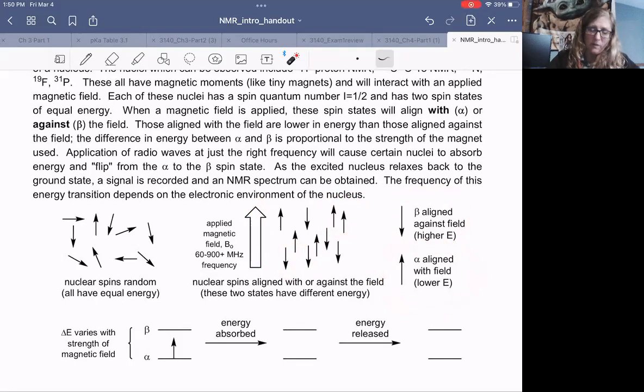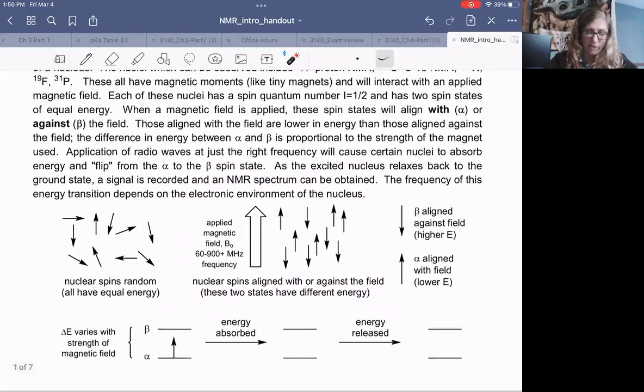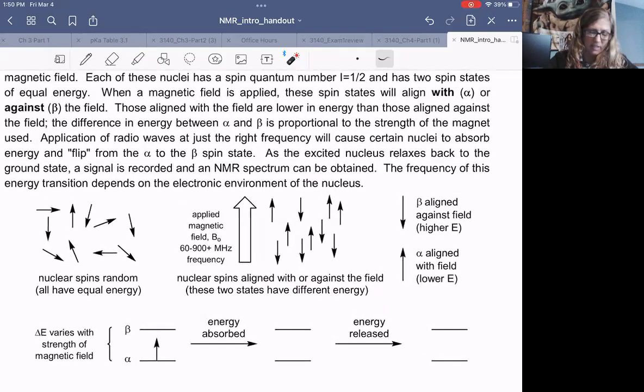So once we have all of these nuclei in the magnetic field and aligned, we pulse it with radio wave energy, and that energy can be absorbed, and the result is a spin flip, is how we describe it. We can flip the alpha to the beta state, which is higher energy. And then after it has been excited, we let it relax back down, so the energy is going to be released.